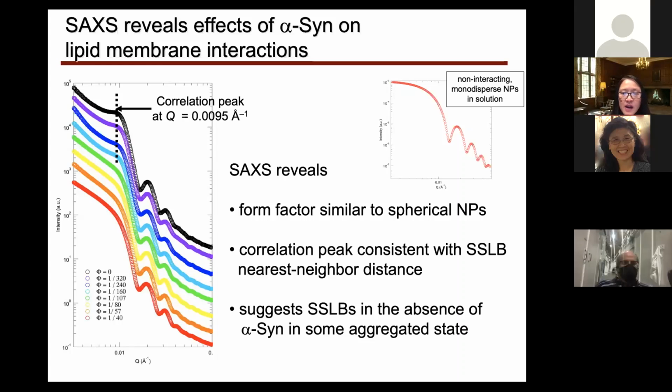What the X-ray data shows is that there seems to be a peak. This turns out to be a correlation peak at that particular Q value, and it is consistent with a nearest neighbor distance that is due to the fact that the spheres are actually next to each other.